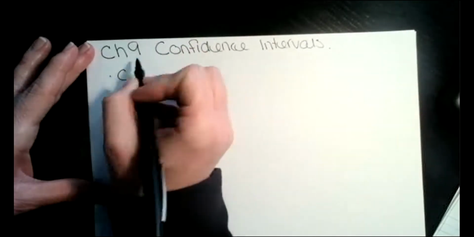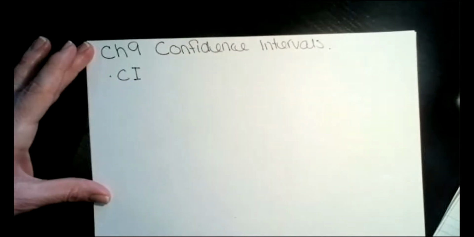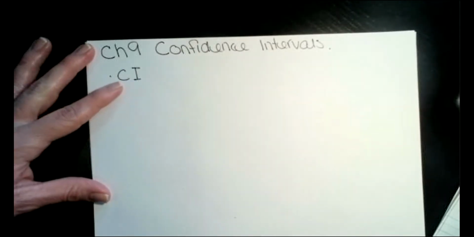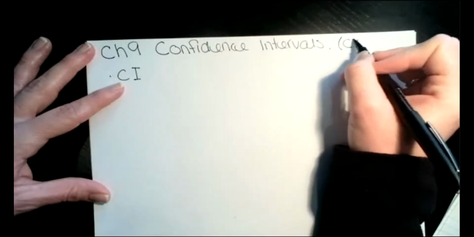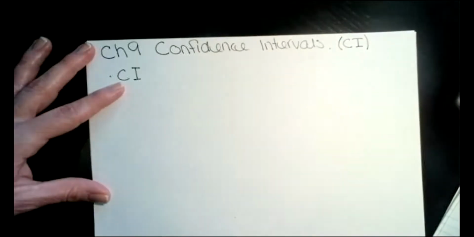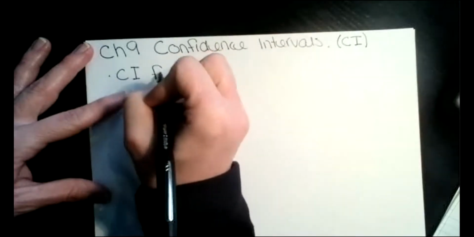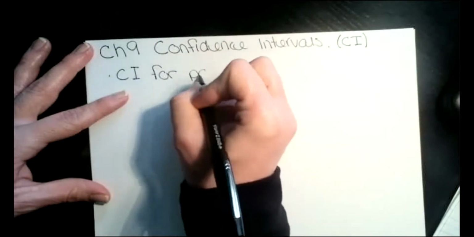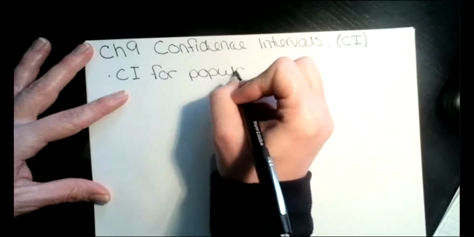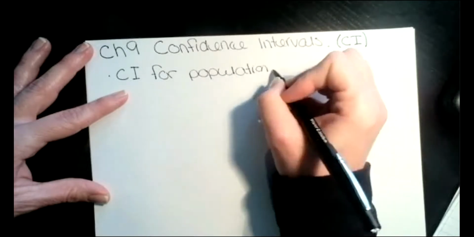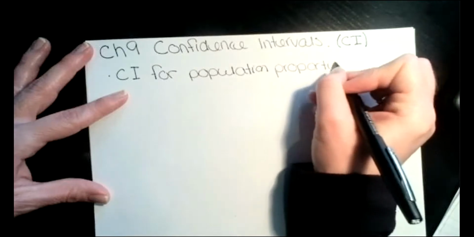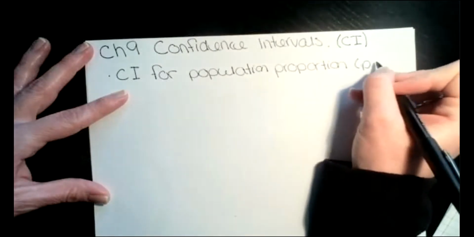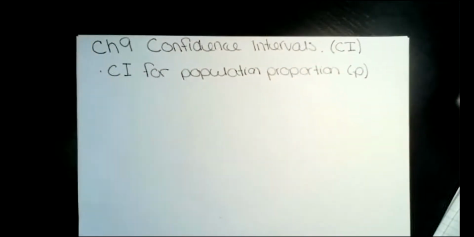When I say confidence, I will say confidence intervals, or sometimes I just say CIs, but I always just write CIs. I don't really write confidence intervals out. So CIs for the population proportion, which is P. I feel like that marker is a little light.